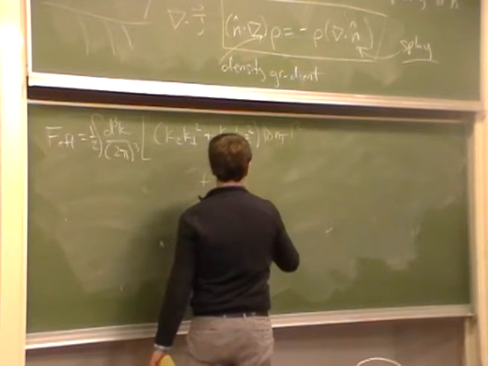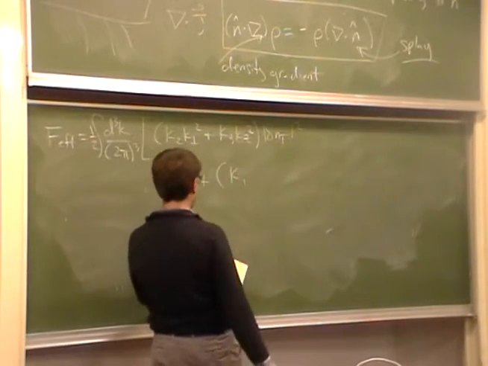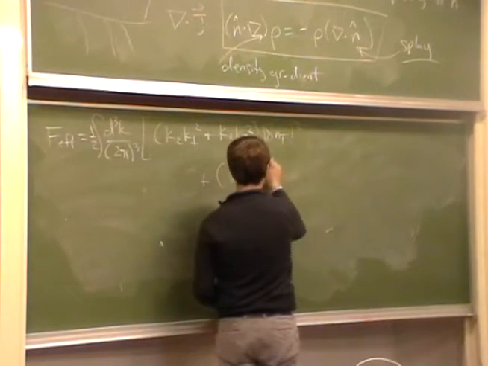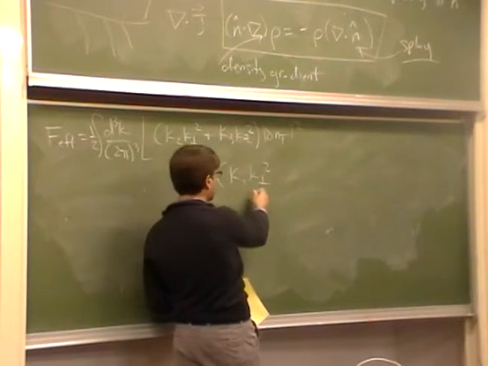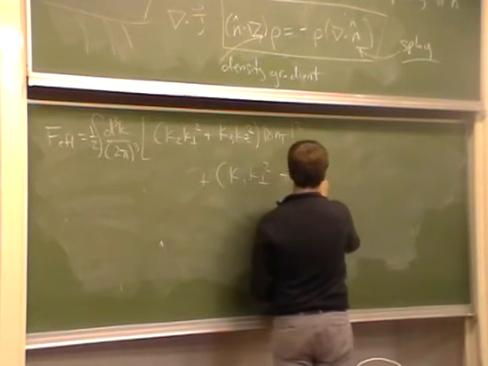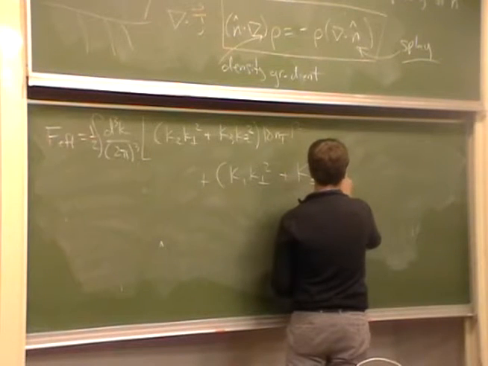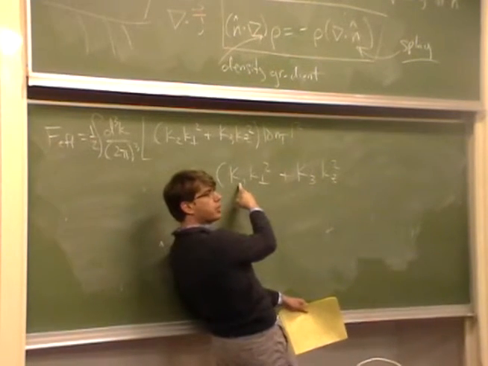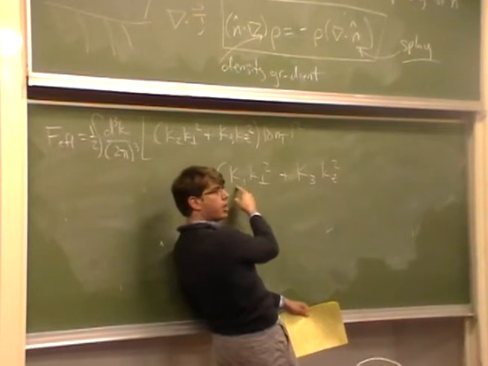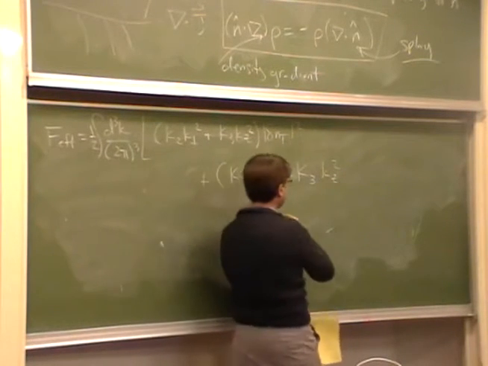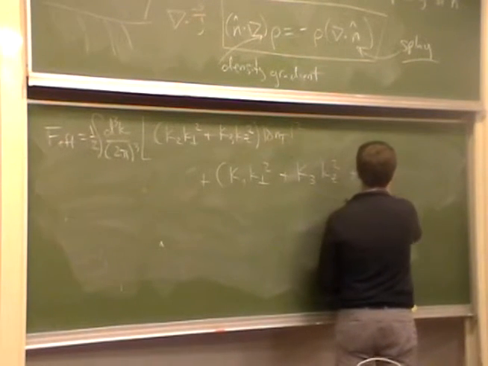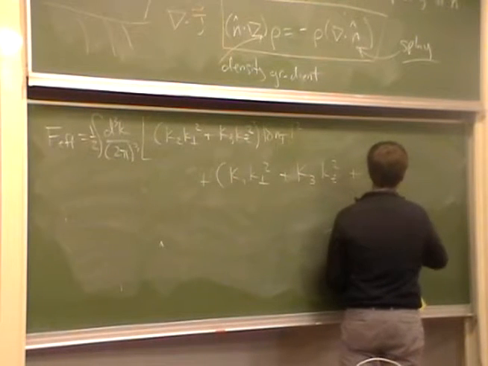But for K1, the longitudinal component has both the original response of the nematic, which has some cost K1 per splay for the perpendicular derivative, but it also picks up this extra piece that depends on the compressibility.